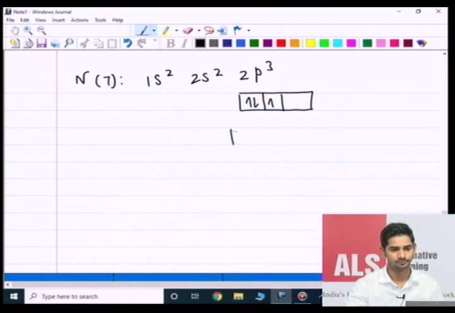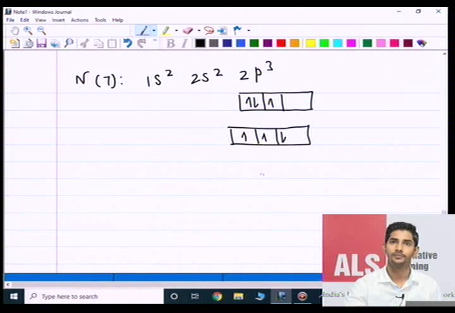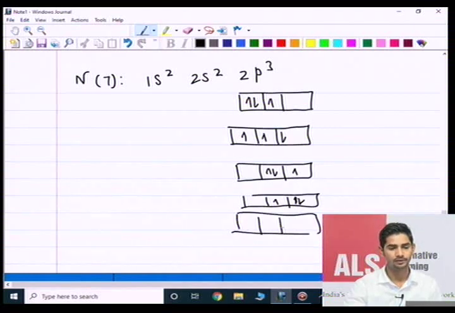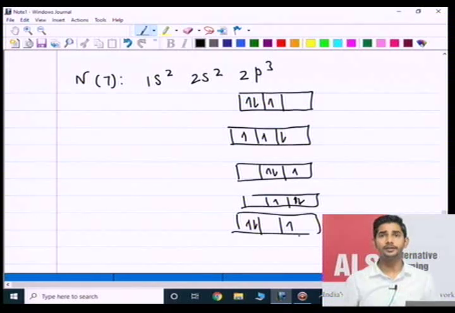I can fill in this manner as well. So guys, there can be n number of methods or ways to fill these electrons.